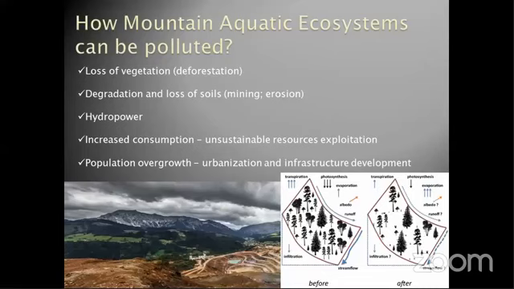Hydropower plants, which usually, if the construction has dams, transform flowing into stagnant water with different kinds of negative consequences. And there is also increased consumption and unsustainable exploitation of natural resources, and from region to region, population overgrowth.